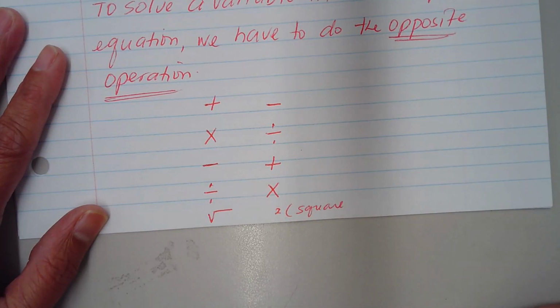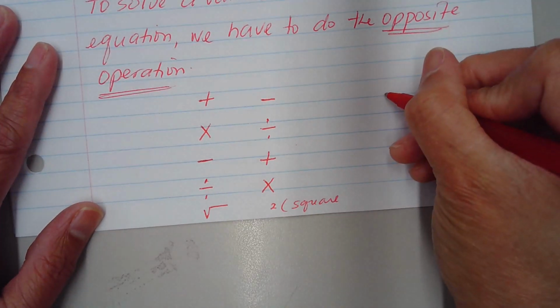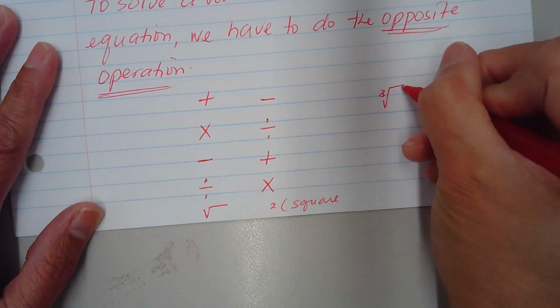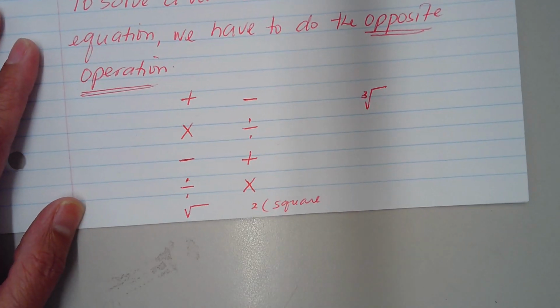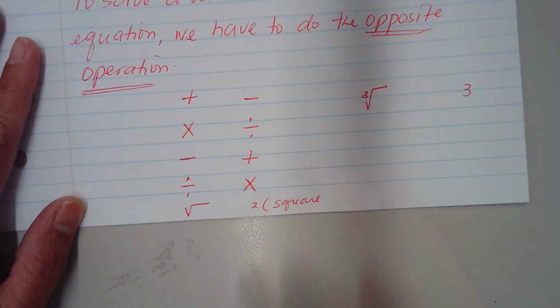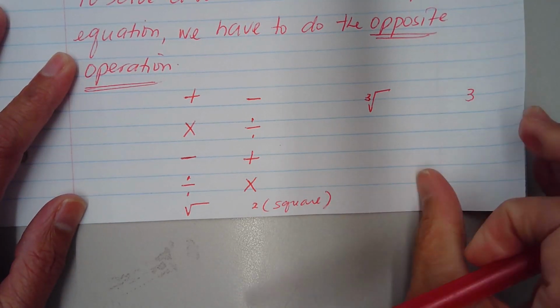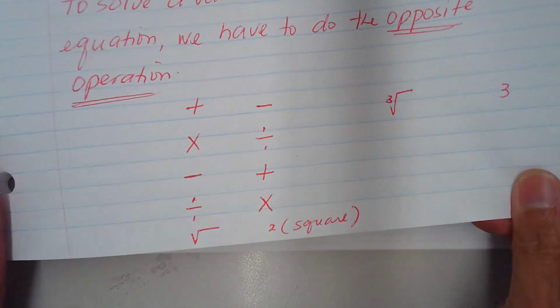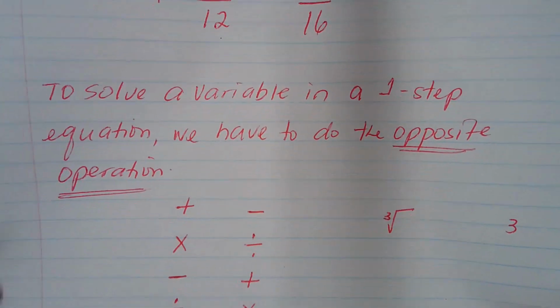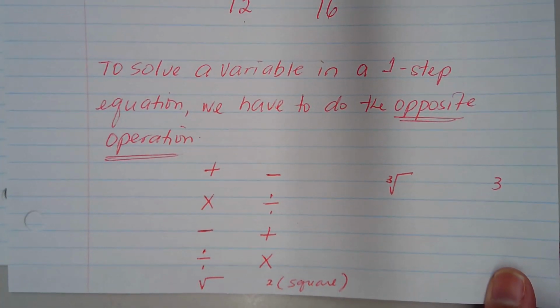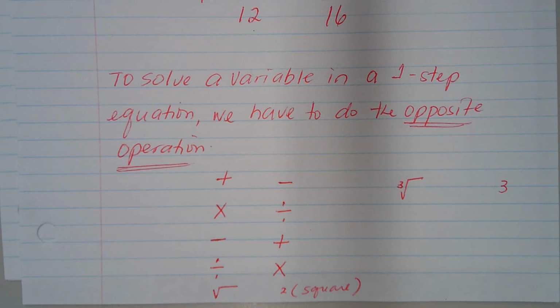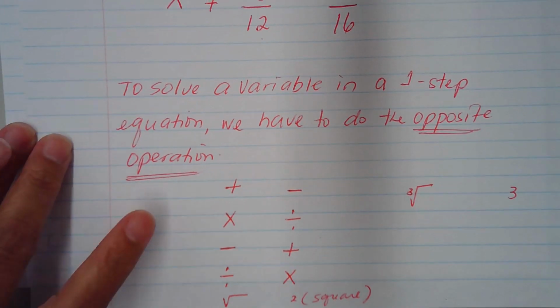And when you have a cube root, what do you need to do? Cube it. Okay? So there's going to be an opposite operation to solve for a variable. So we do the opposite. That's the first key point, to do the opposite. Here's the other key point.